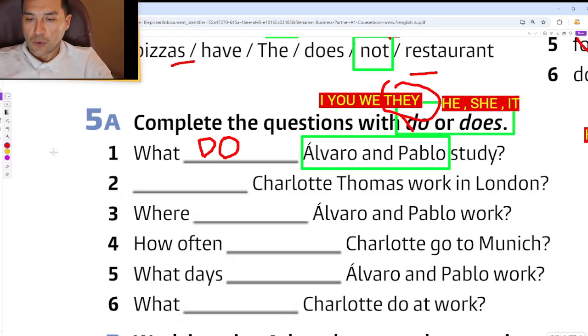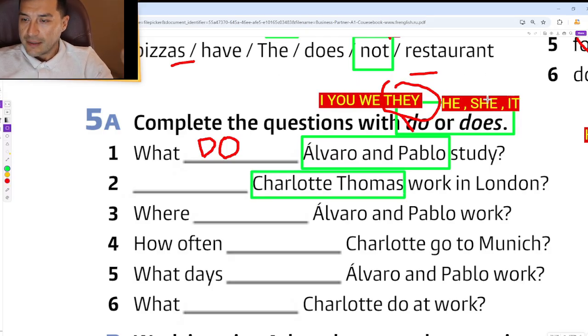Charlotte Thomas, one person, Mrs. Thomas. That's a she. So we use does. Does Charlotte Thomas work in London?